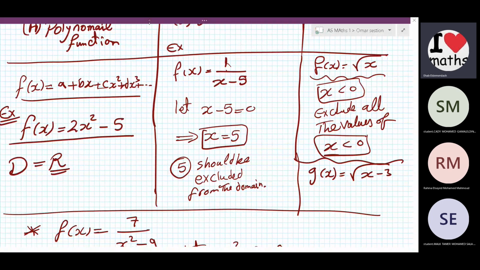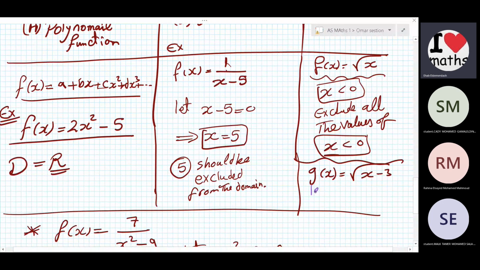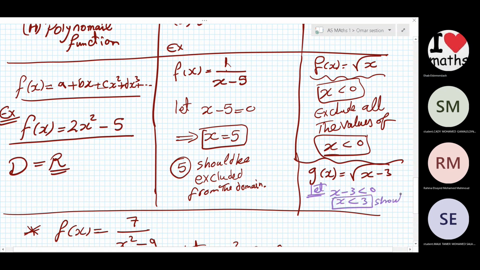So for me to identify the excluded values I have to say: let x minus 3 be smaller than 0. If x minus 3 is smaller than 0, then x is smaller than what? 3. All of these values should be excluded from the domain.